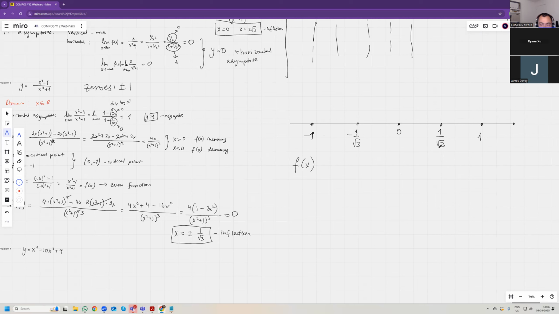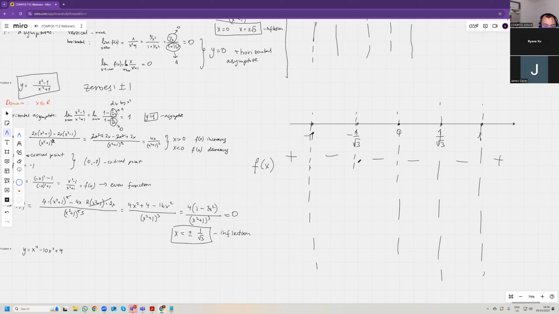Okay, so the function is positive here. Positive, negative, negative, negative, negative, positive. It's easy to verify. Just check these intervals. Check any number from this interval, and then you will see whether it's positive or negative. So these are the zeros.